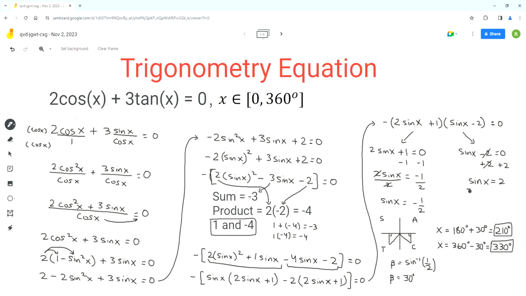So this is an invalid solution, or we get no solution. So therefore, there are only two solutions to this equation, which are 210 degrees and 330 degrees.